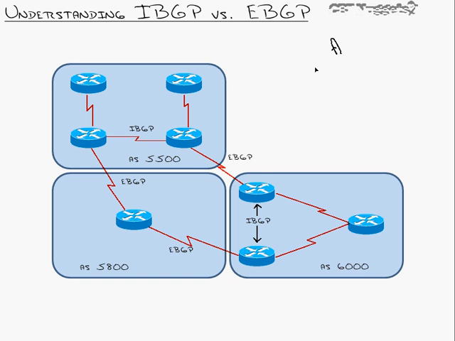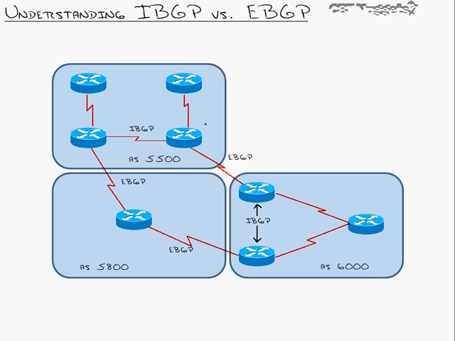Usually, your organization will be assigned a single autonomous system from the powers that assign autonomous system numbers. Now, there are public autonomous system numbers and there are private autonomous system numbers. We'll get more into that as we get deeper into BGP, but in this example, all of these are public autonomous system numbers, as in autonomous systems that would be valid and recognizable on the internet.